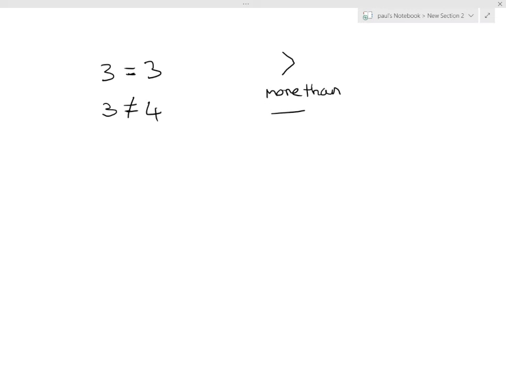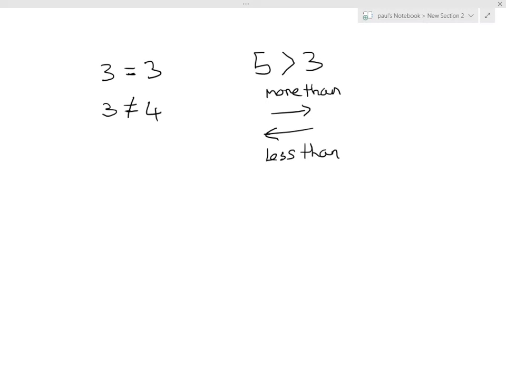If you read it left to right, so 5 is more than 3. So it points down to the smaller end and opens up to the bigger number. Now, if we read it right to left, then it's less than, because 3 is less than 5.